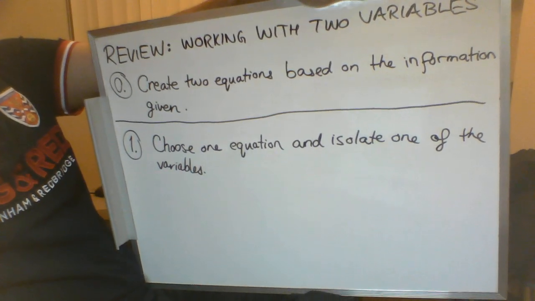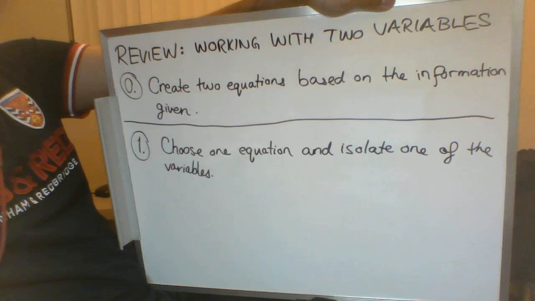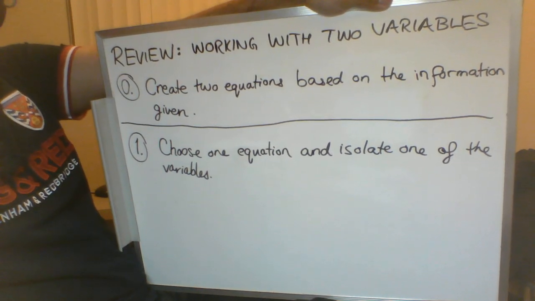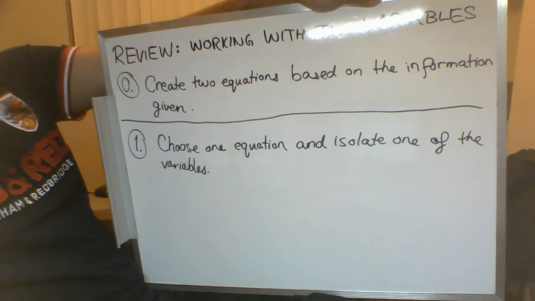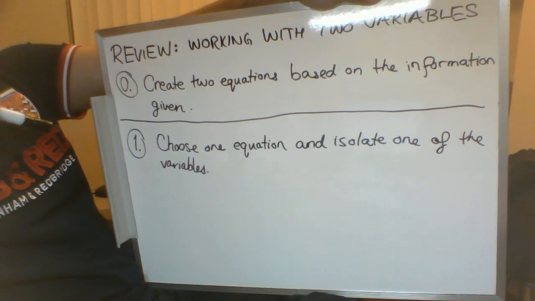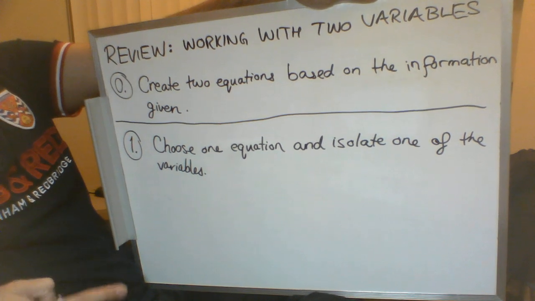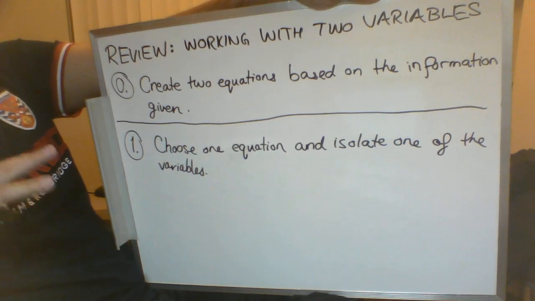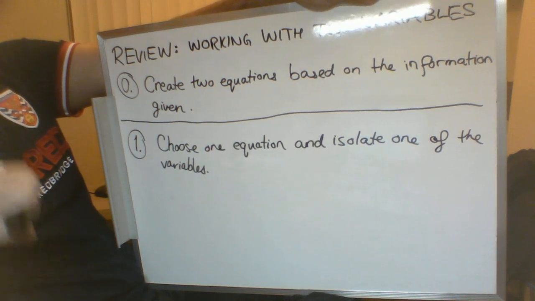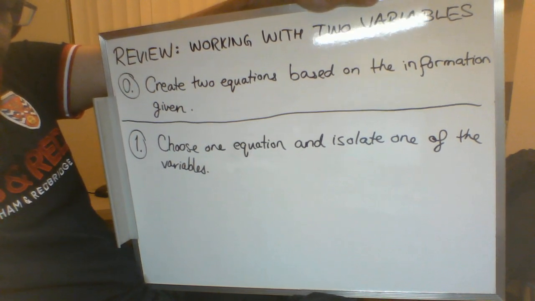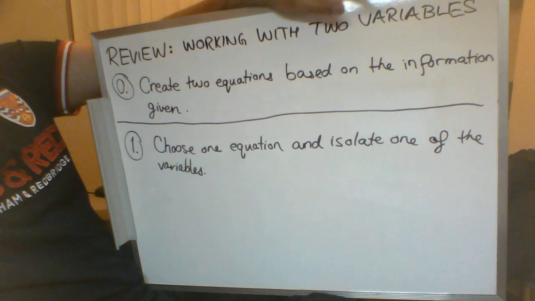So that means if I've given you two equations and they're both just a mishmash of x's and y's and numbers and things being multiplied together, and it's just mayhem, but you've got two equations for it, just choose one of the equations, completely ignore the other one for now, and transform it into y equals something, or x equals something.